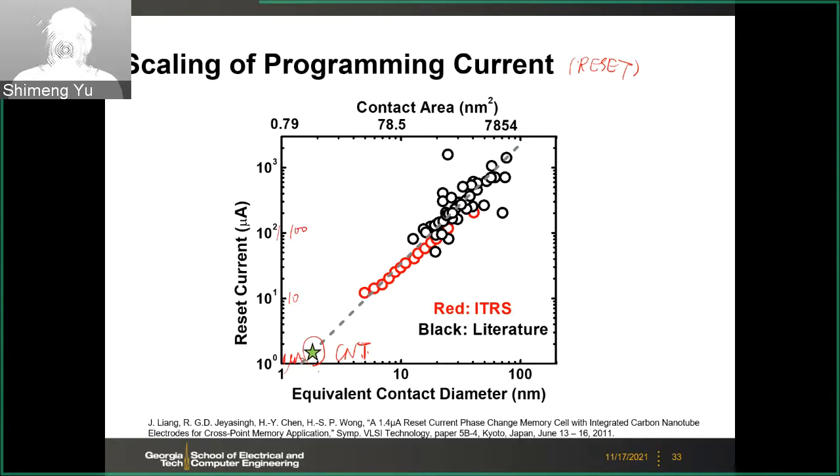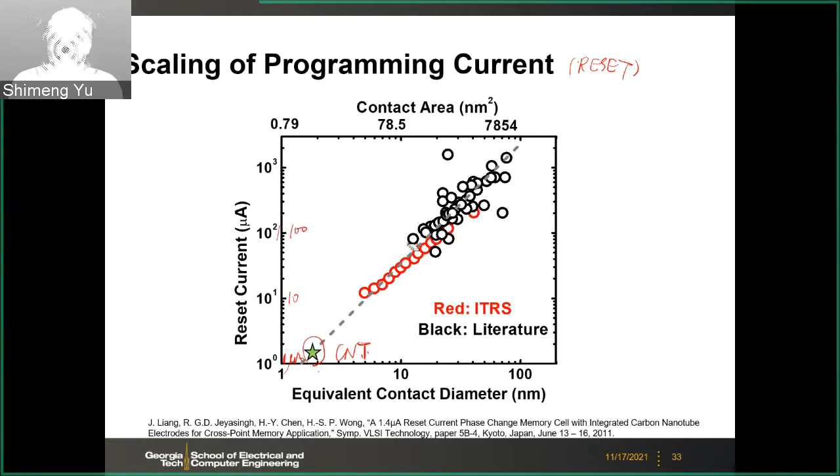So today, the best you can do is still somewhere here. So you still need 60 or close to 100 micron for the phase change memory. So the power consumption is still a concern for today's phase change memory.